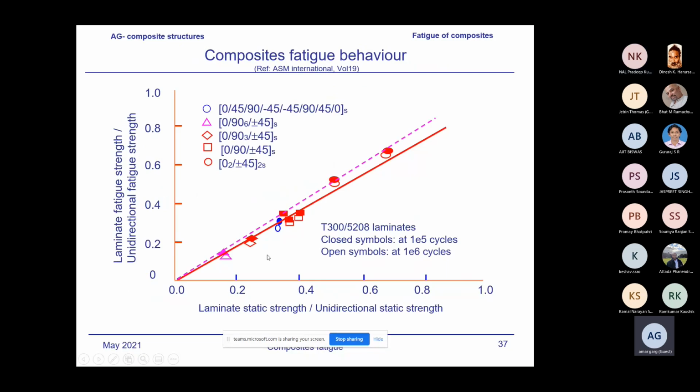I can't prove it for every case, but based on this data from ASM, for T300 5208 material, it is pretty close. As you can see, 0.4 here, 0.4 here, and say 0.6, 0.6 approximately.